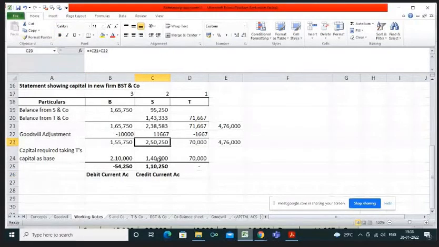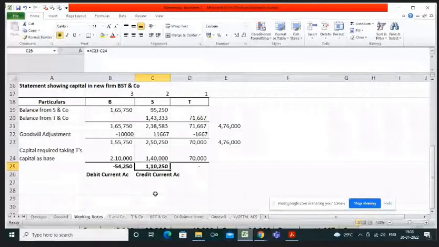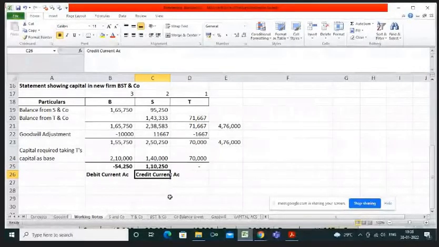He should have had only 1,40,000, but is actually having 250,250. So there is an excess of 1,10,250. So we will debit his capital account and credit the current account by an amount of 1,10,250. So for these capital adjustments, we need to pass journal entries.